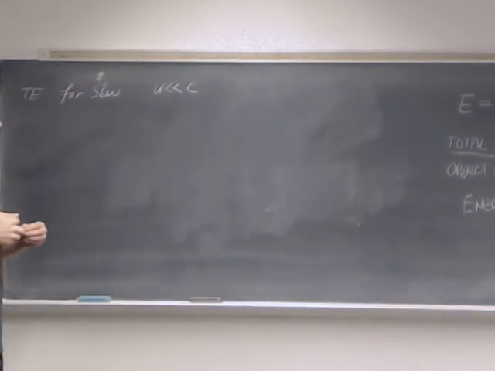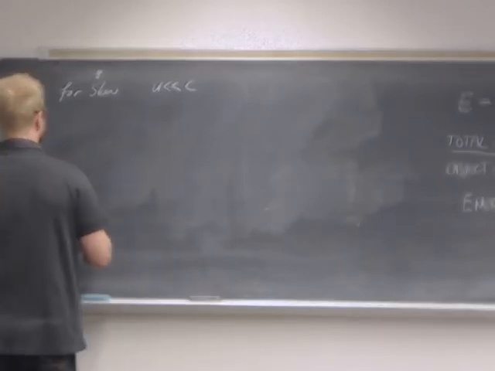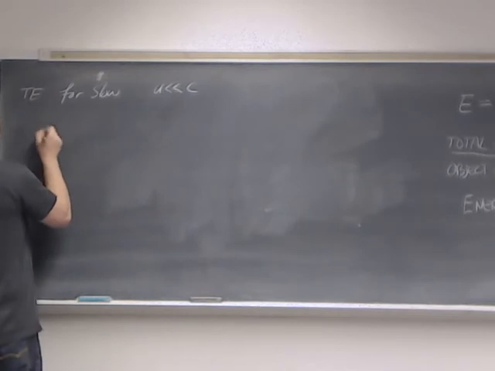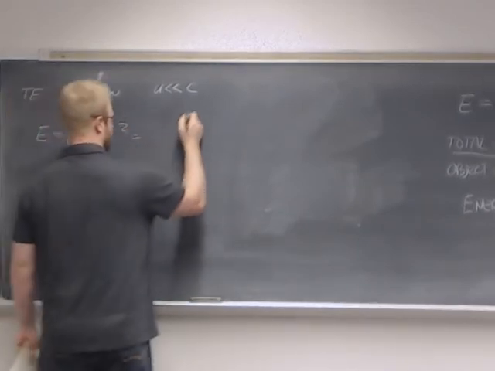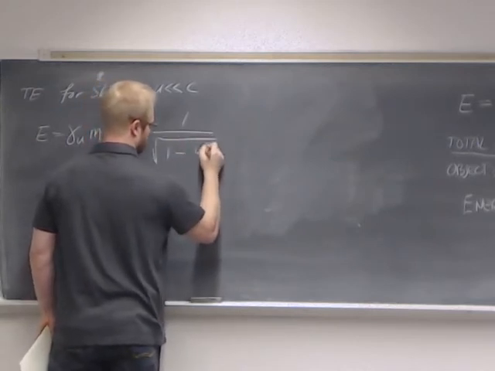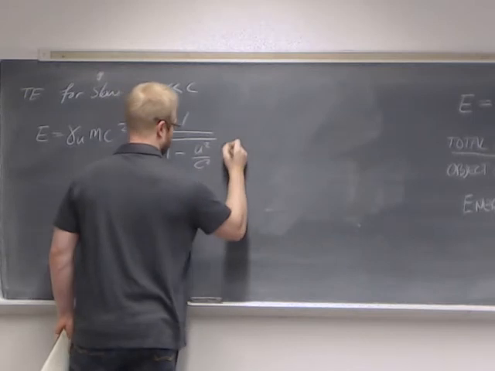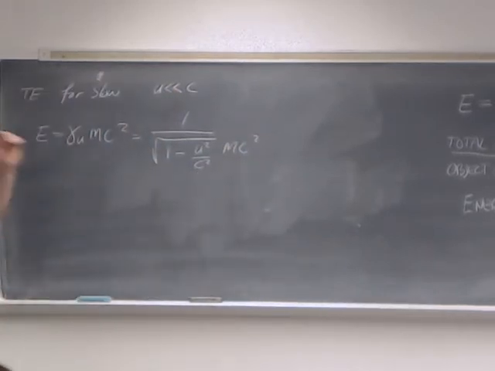If that's the case, we've got our gamma u mc squared. So first thing we need to look at, okay, this is getting close to 1, but not quite. We're saying slow, but not incredibly slow.